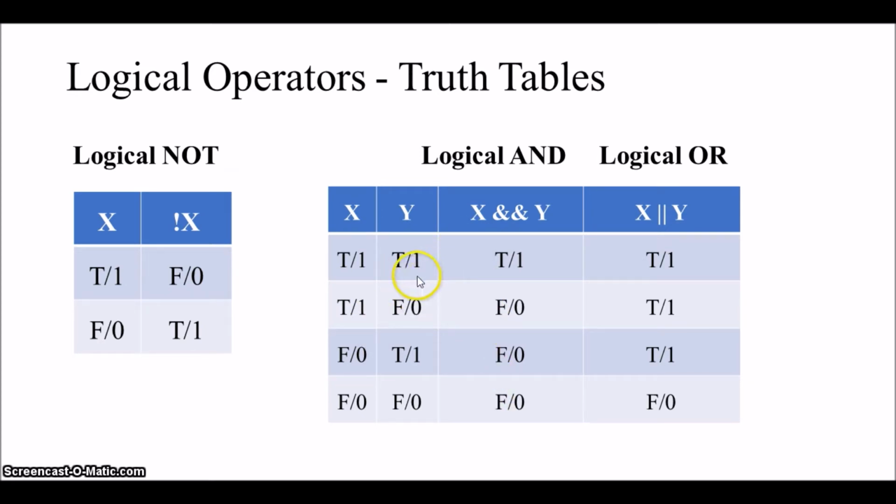Logical AND is true only when all the operands give the result as true. I hope you have understood this. In all other cases, that is, if any one operand is false or both operands are false, the result will be false.